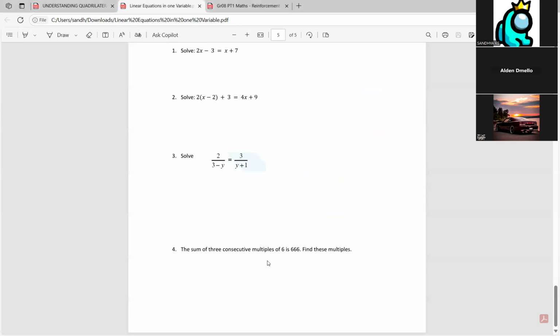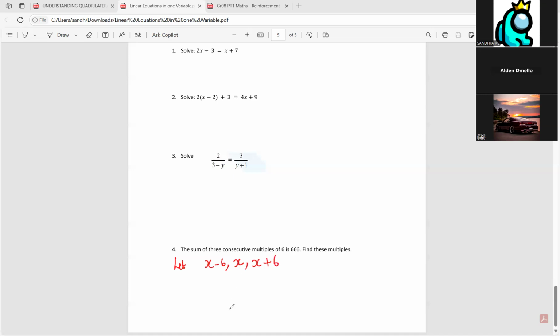Sum of three consecutive multiples of 6 is 666. Find the multiples. Ma'am, so x minus 6, x plus 6.